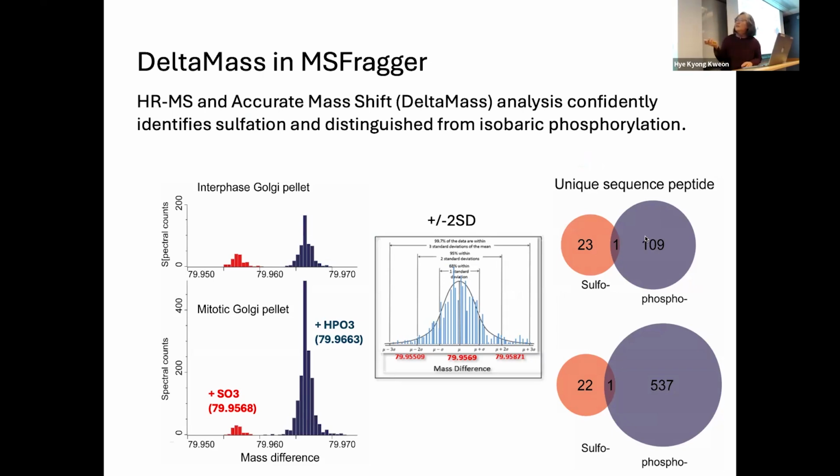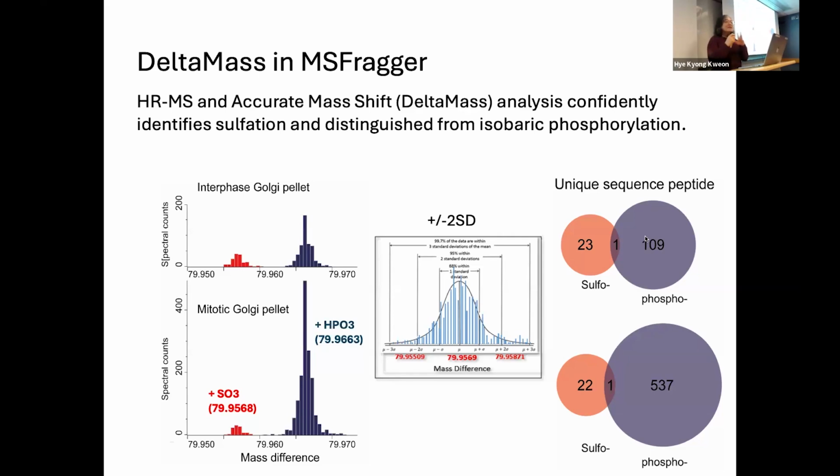MSFragger, so I'm not going to detail it. Actually, I don't really know in detail how they work, but anyway, delta mass is an algorithm embedded in MSFragger, the open search.